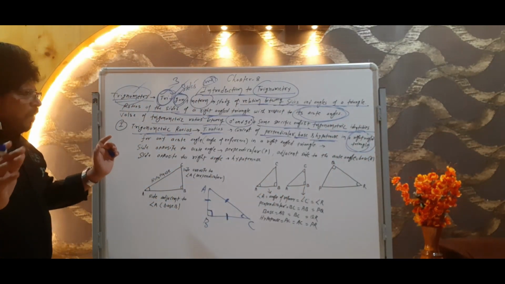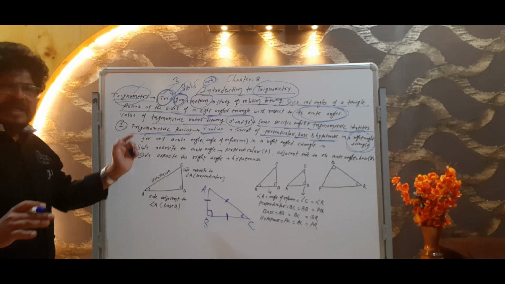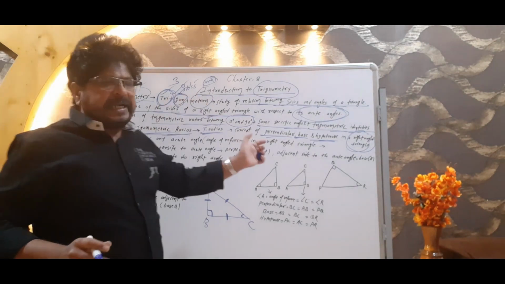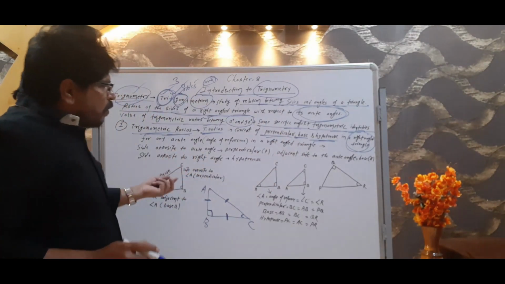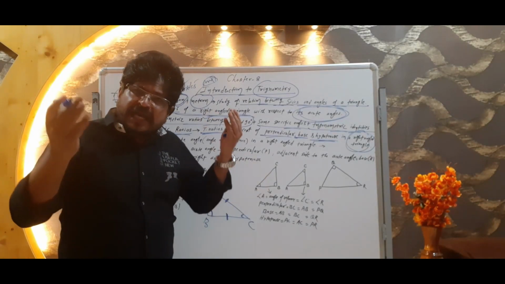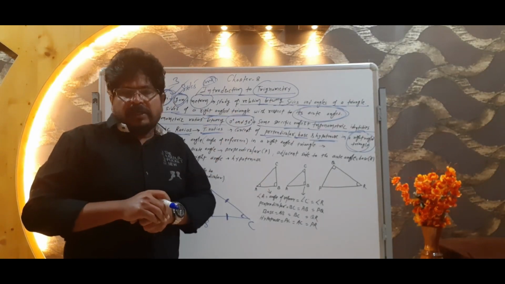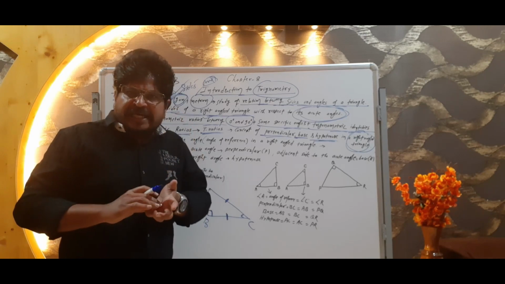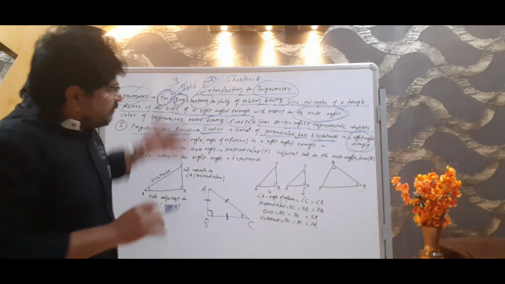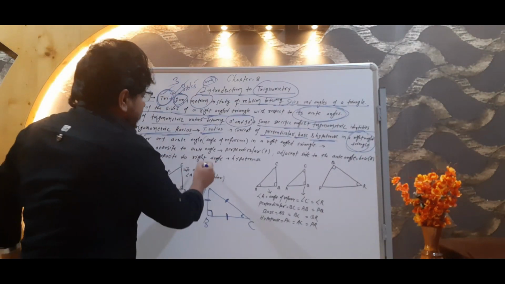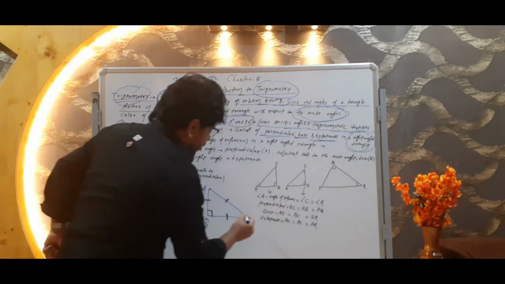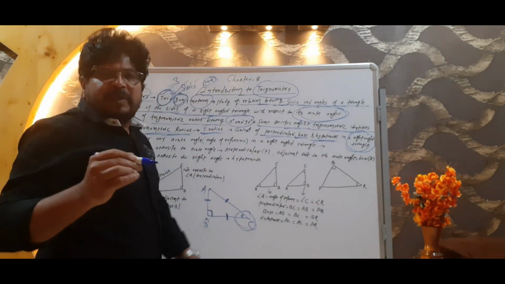Now for any acute angle in a right angle triangle, how will we identify which is perpendicular, which is base and which is hypotenuse? It is very important, and all these things we will study as per the acute angle.